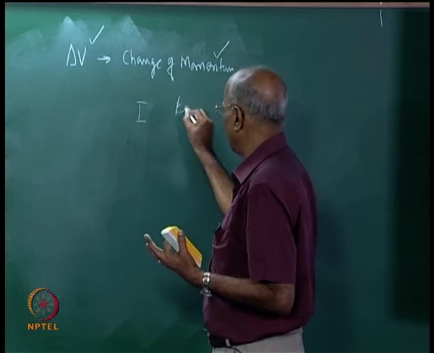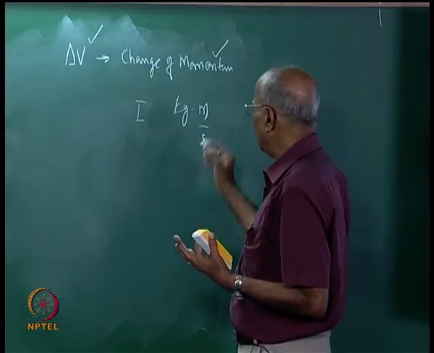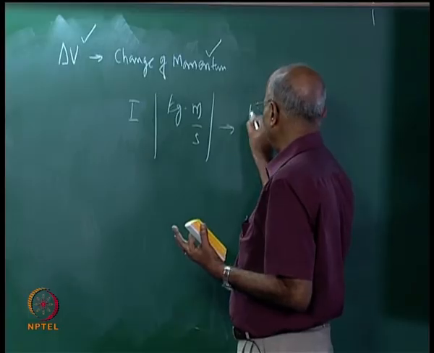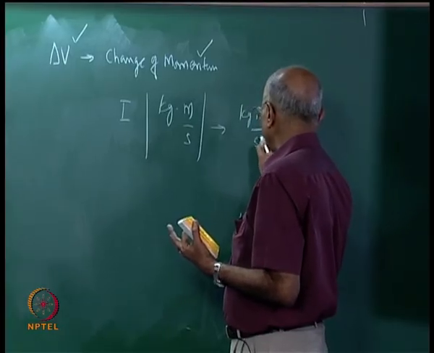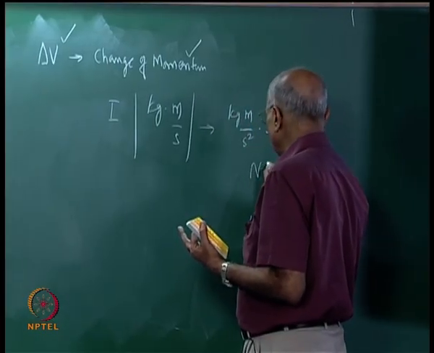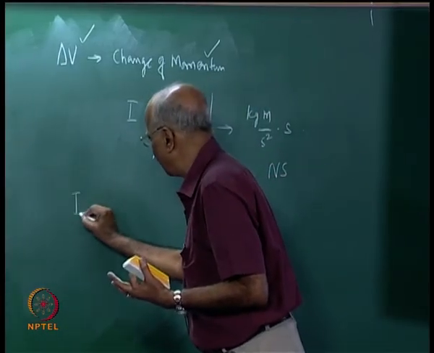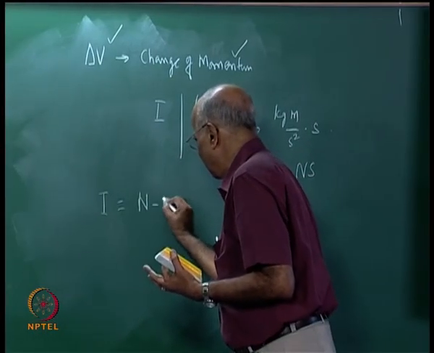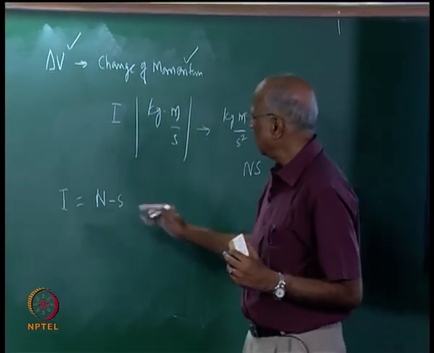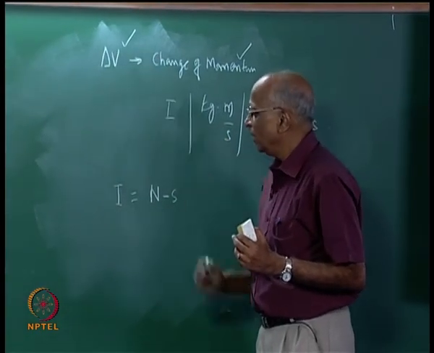Same as momentum, kilogram meter per second, but kilogram meter per second can also be written as kilogram meter per second square into second, which is same as Newton second. Therefore, I can write the impulse as equal to Newton second, right. Now, therefore, the impulse in Newton second is what gives delta V.